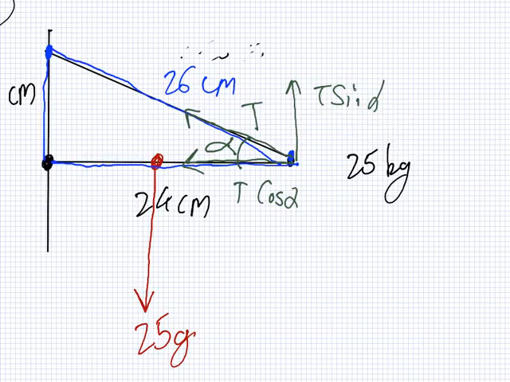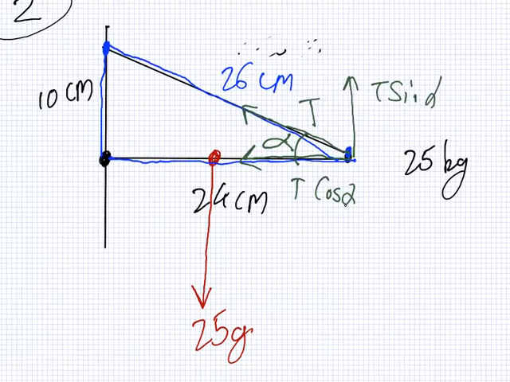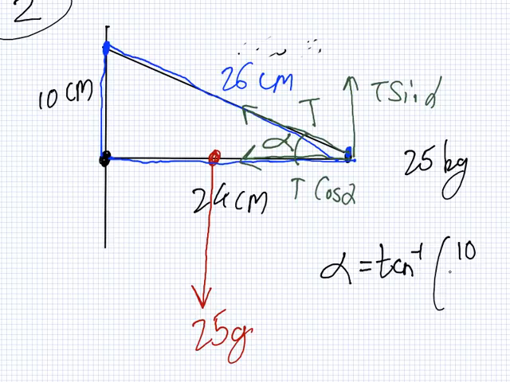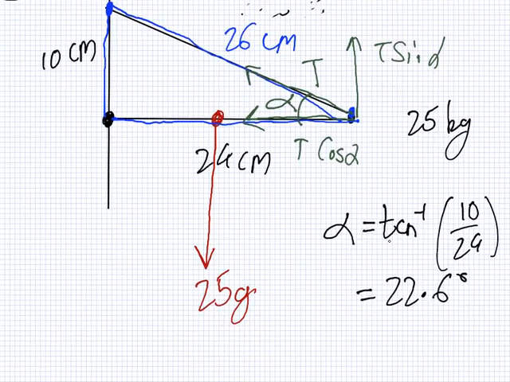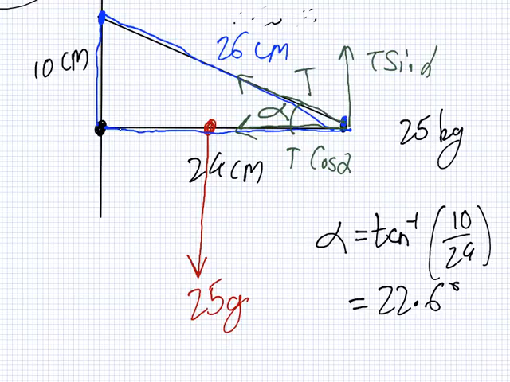What is the tension in the stay? Okay. Now, we actually can know the alpha though. How can we know the alpha? I can say alpha equals tan inverse 10 over 24. So what did you get? 22.6. Great.